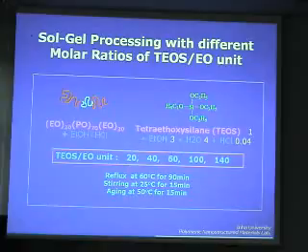During making this solution, if we change the polymer mass, the polymer weight, we can change the TEOS to EO molar ratio. In the solution, the TEOS to EO molar ratios vary from 20, 40, 60, 100, 140. So when you change this TEOS to EO unit mass ratio, we can change the morphology of the self-assembly structure.